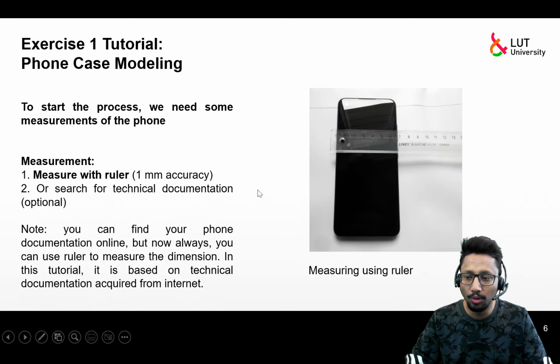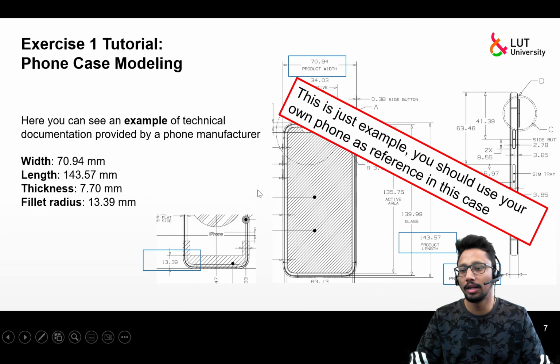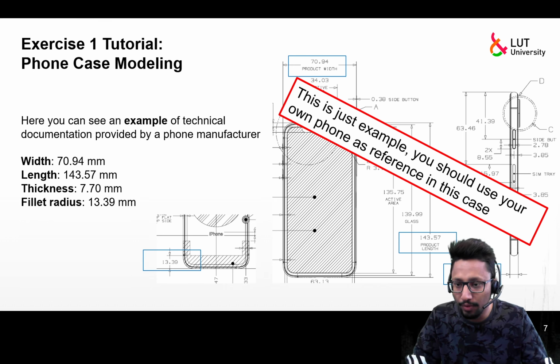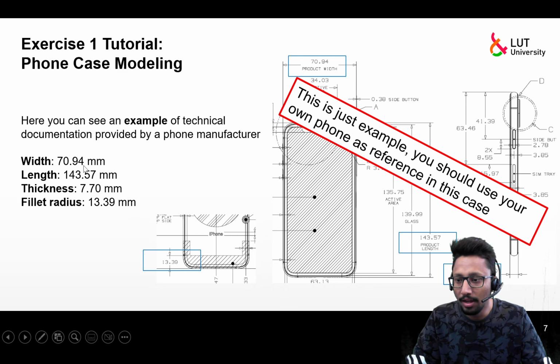In this particular tutorial, I am going to use the dimensions which I have taken from one of the web sources. So the width is 70.94 millimeter, the length is 143.57 millimeter, the thickness of the phone is 7.70 millimeter, and the fillet radius.